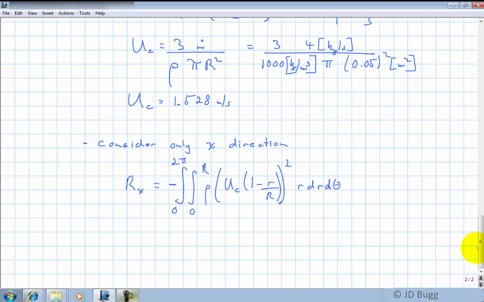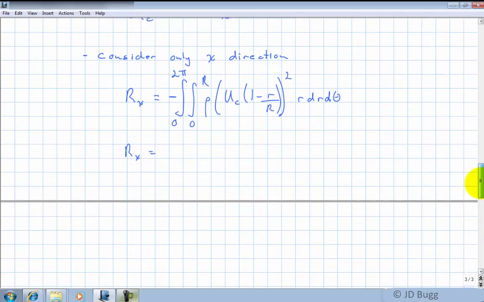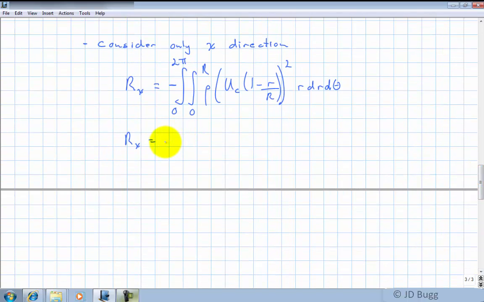So now this is very similar to evaluating the integral for conservation of mass, but we've got to remember this squared up here, so it's a little bit different. So the reaction, take out everything that's constant here: minus rho uc squared, so there's a centerline velocity there, which is squared, 2 pi, because we can evaluate the theta integral right away.